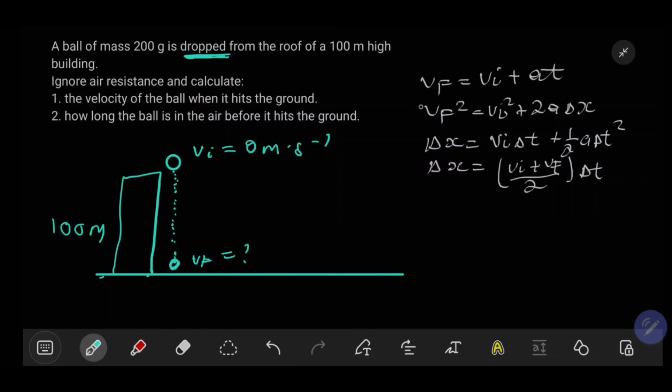So from our formulas, we can see that we have quantities such as our V initial, our V final, the change in time, the change in displacement, and then our acceleration, or our gravitational acceleration. So when you do a question, you must first identify or do the information analysis for all the quantities, so that you can choose the correct formula to use here.